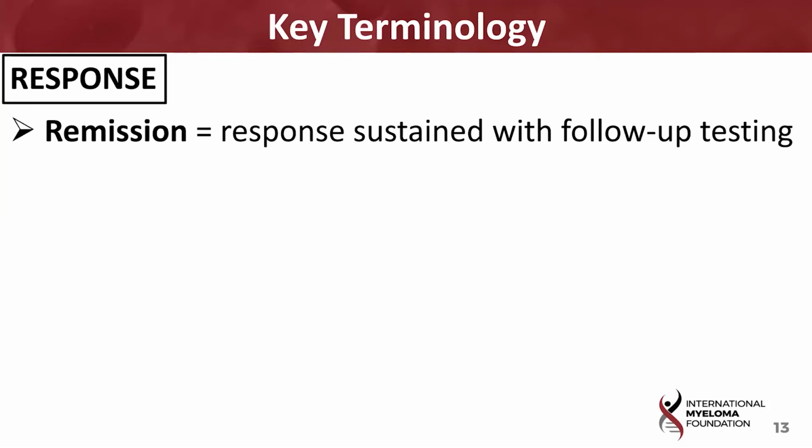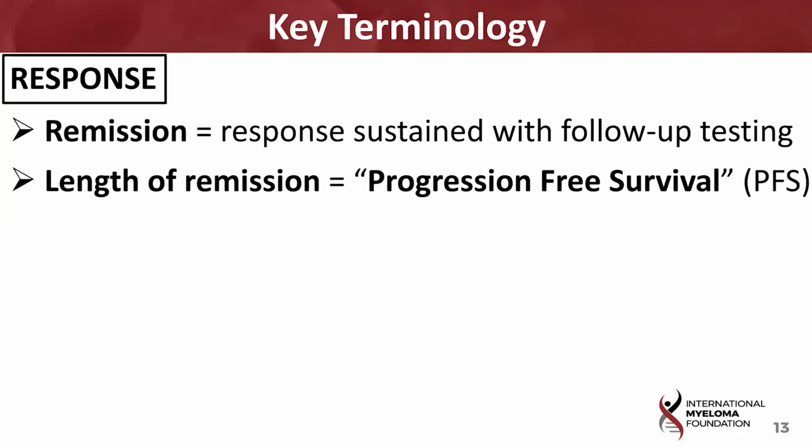So remission, that is where the response is sustained, typically for at least 3 to 6 months, with follow-up testing. So it's not just like the protein comes down and then it might go back up again. Remission is where the response is sustained. The length of the remission is what we call progression-free survival, or PFS.